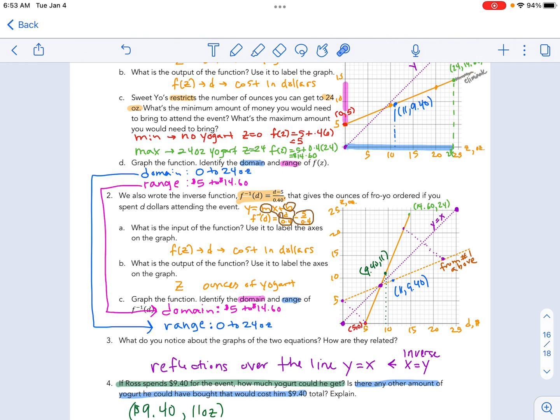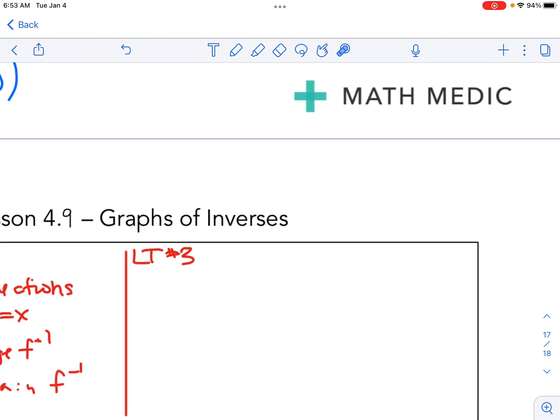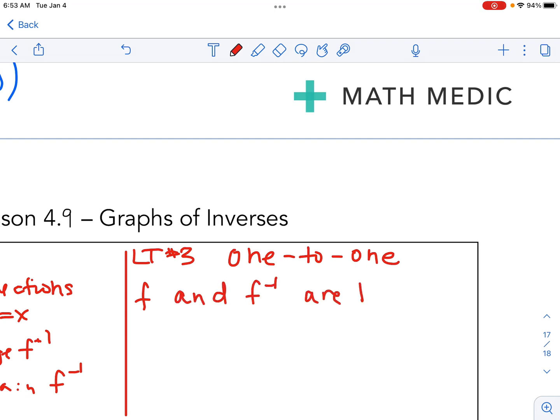And so when that happens, we call that one-to-one. So we talk about this one-to-one phenomenon. So if f is a function, let me rewrite that. F and the inverse are both functions.